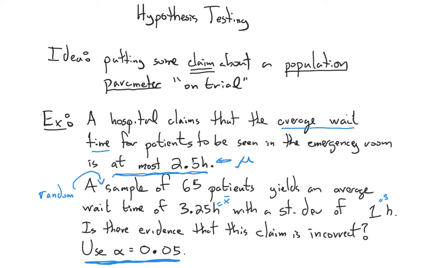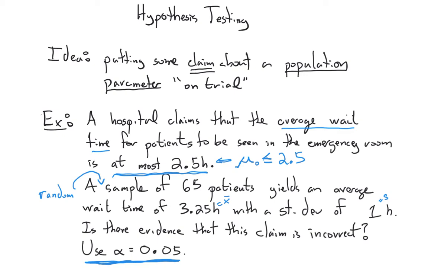They are making some claim about the mean of the wait times of the population of patients, and they're saying that it is less than or equal to 2.5 hours. So in the language of putting something on trial, this claim is the defendant. We're thinking of the claim as the defendant, and we need evidence to determine if the defendant is guilty or not, or if the claim is incorrect or not.